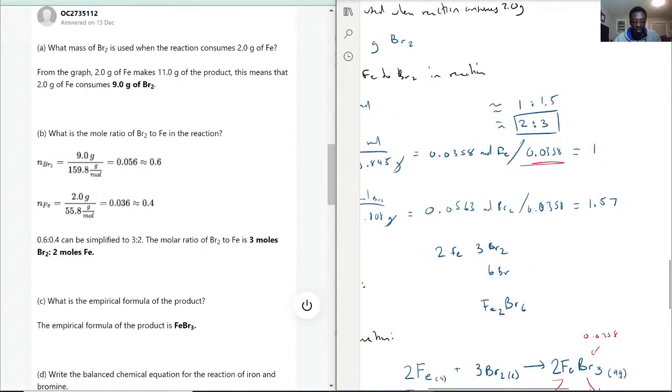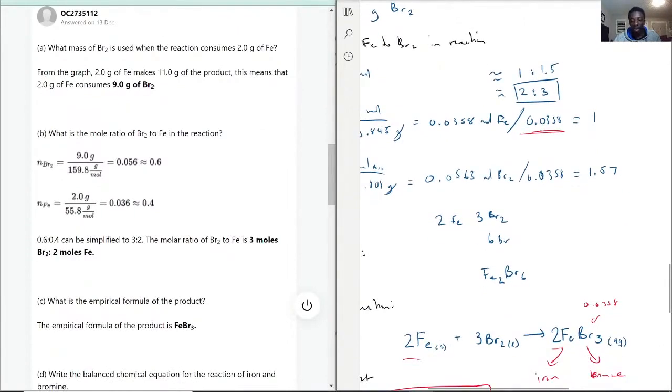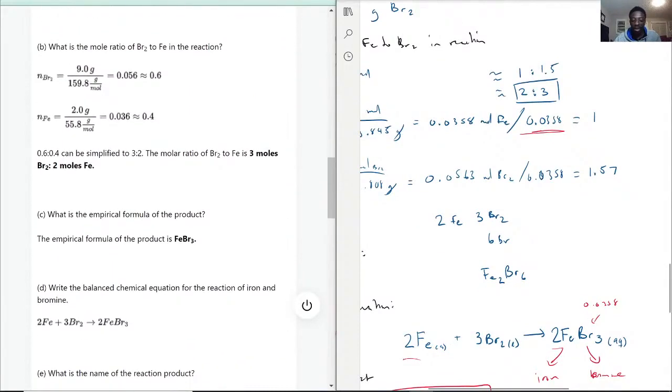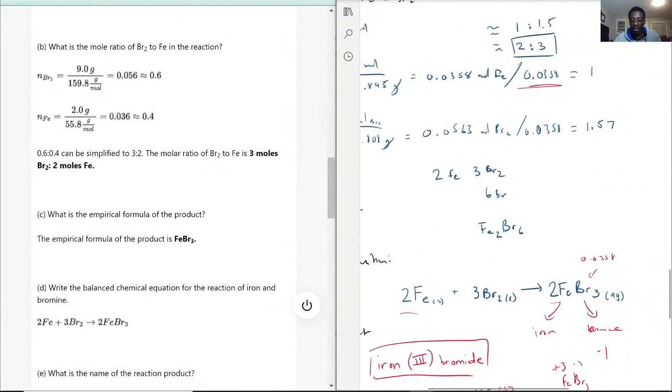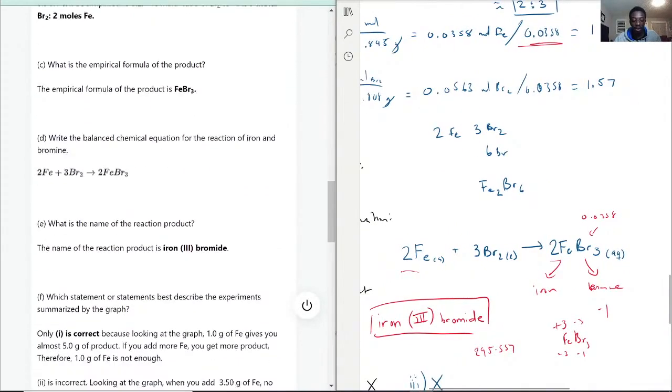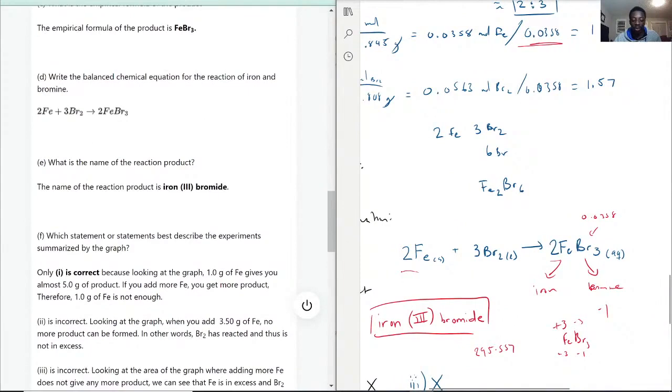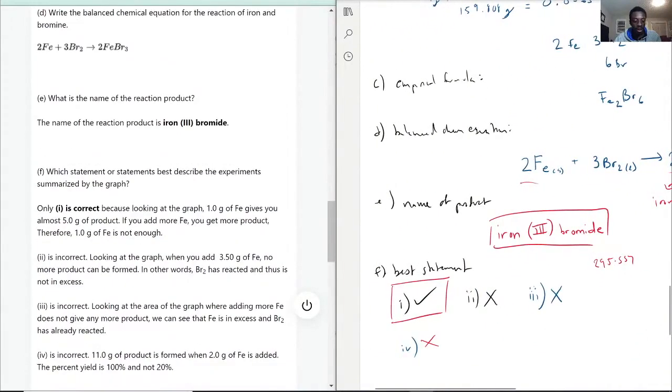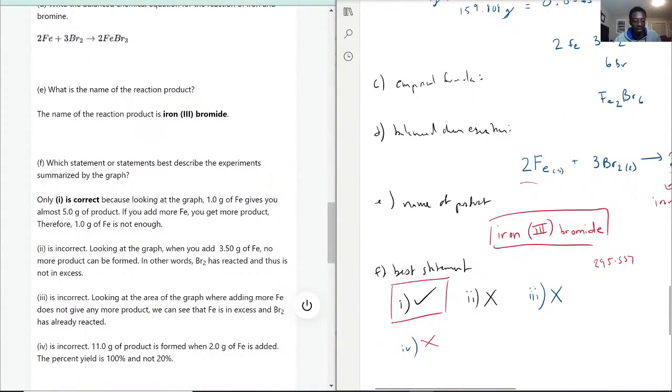For the empirical formula, I still have Fe2Br6 just because I wanted to translate directly, but FeBr3 is correct. We still get the same balanced equation, which is perfect. And the name is indeed iron(III) bromide, and only one is correct. 11 grams of the product is formed when 2 grams of Fe is added. The percent yield is 100% and not 20%.